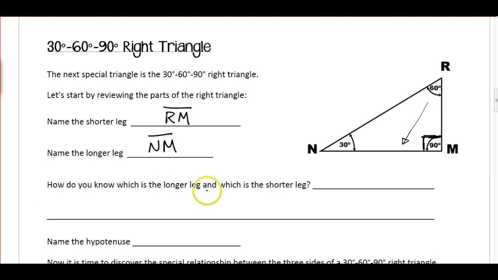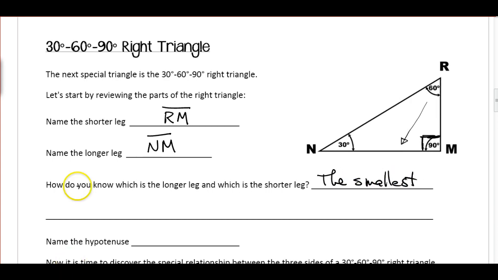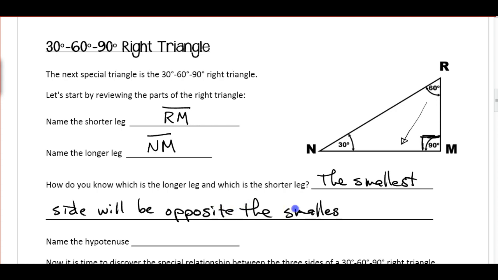How do you know which is the longer leg and which is the shorter leg? Again, the smallest side will be opposite the smallest angle.